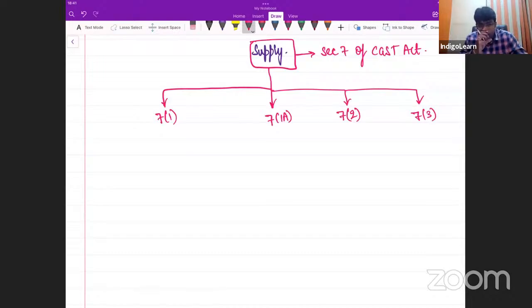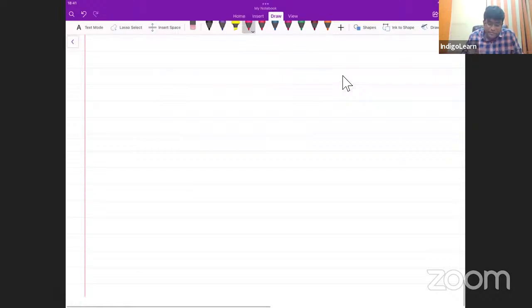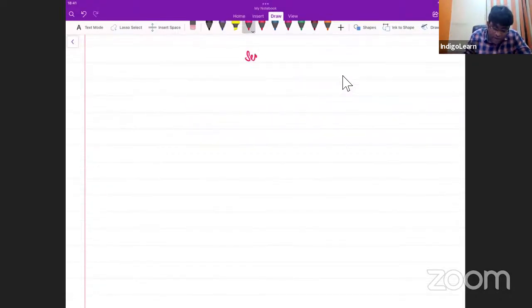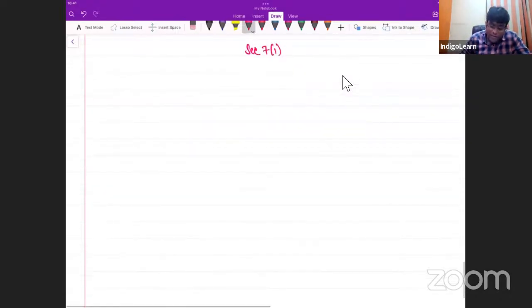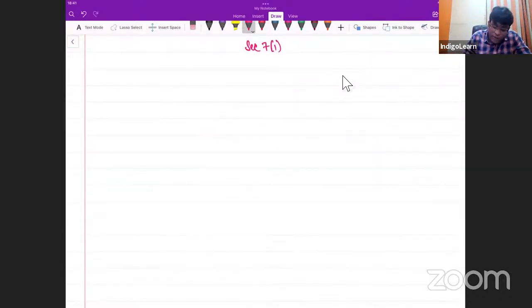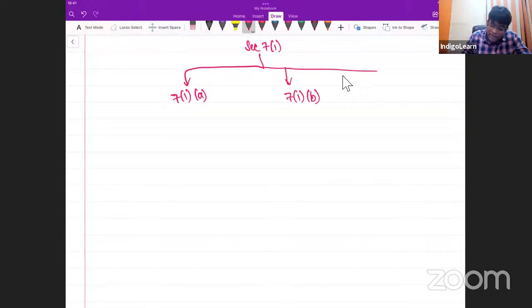So 7 is divided into 7.1, 7.1a, 7.2 and 7.3. First, let me talk about Section 7.1. The point to be noted is that 7.1 is again divided into 7.1a, 7.1b, and 7.1c.